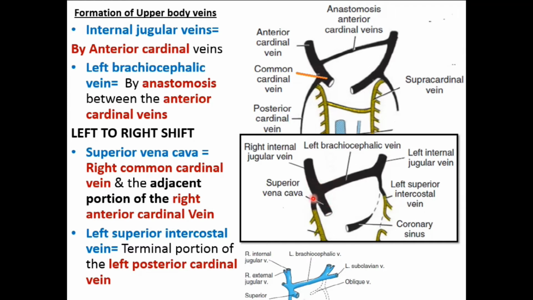Now, apart from this, we have on the left side the left posterior cardinal vein, that in most of its length is obliterated, except for its part which is opening up in the common cardinal, that is forming the left superior intercostal vein.